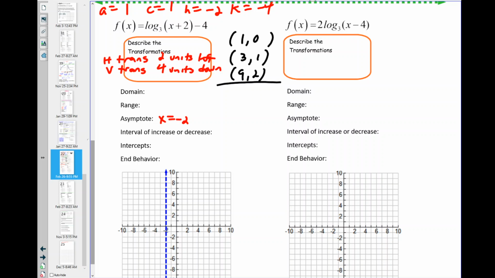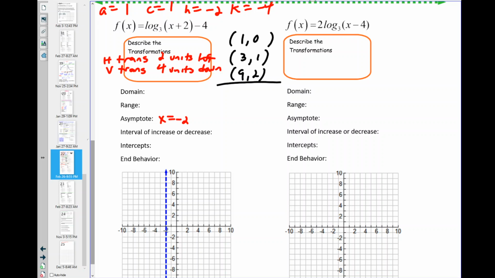Meredith, how are we going to transform these points? Take away 2 from the x's, and then take away 4 from the y's.